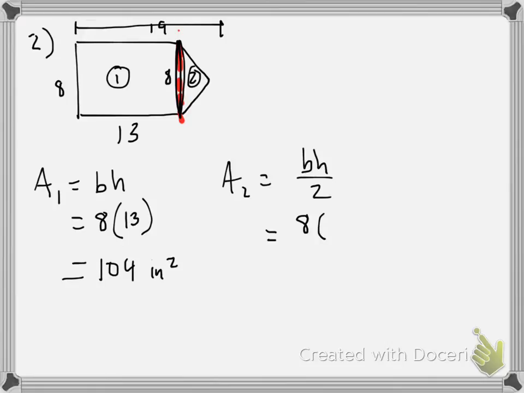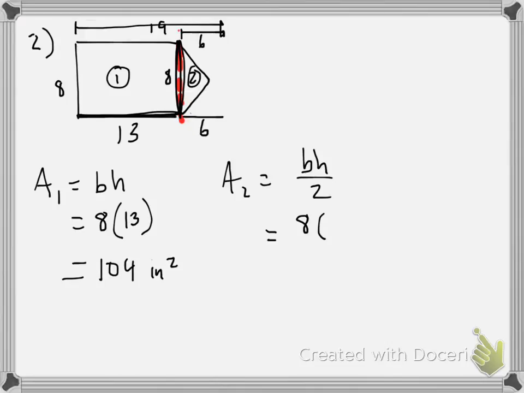What's the height? Well, the height of the triangle is really the distance from here to here. I know the whole distance is 19. I don't know what that piece is. But I do know that this much is 13. So if this much is 13, how much more do I need to get to 19? I would need 6 more.